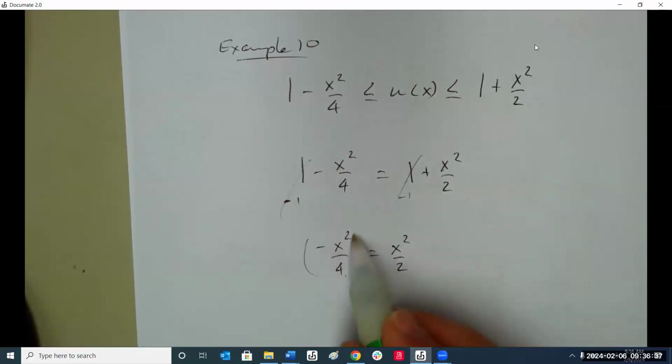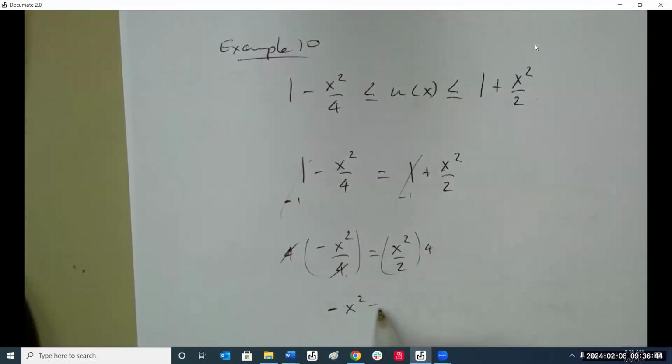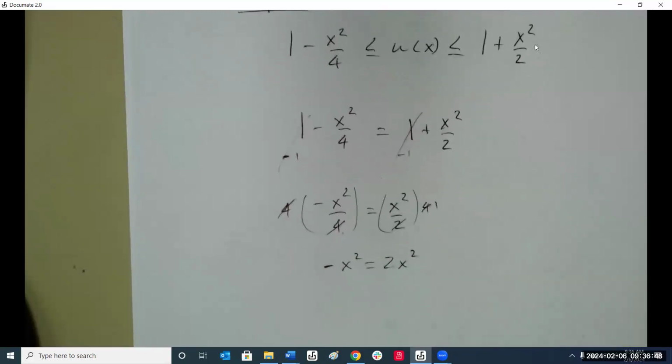Multiply both sides by 4. That gets rid of the denominators. Move this one over, so we have 0 equals 2x squared plus x squared.